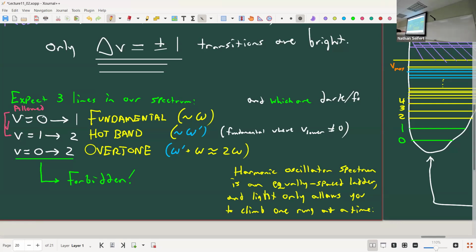Very simple. Amazing. Equally spaced levels. You can climb them up one at a time with a light pulse, a photon. That's all you can do.